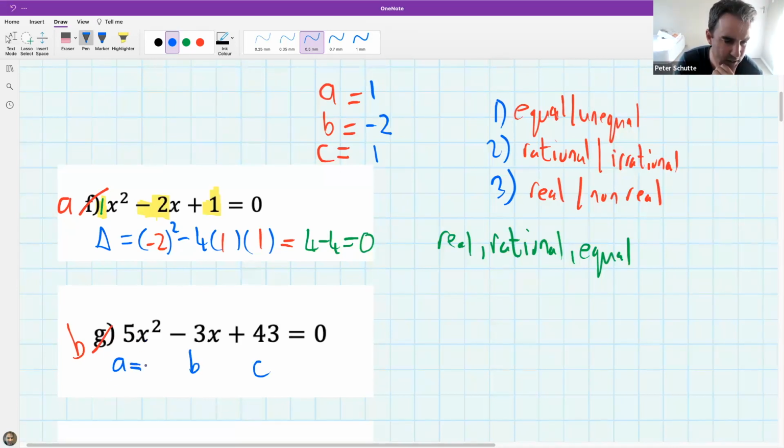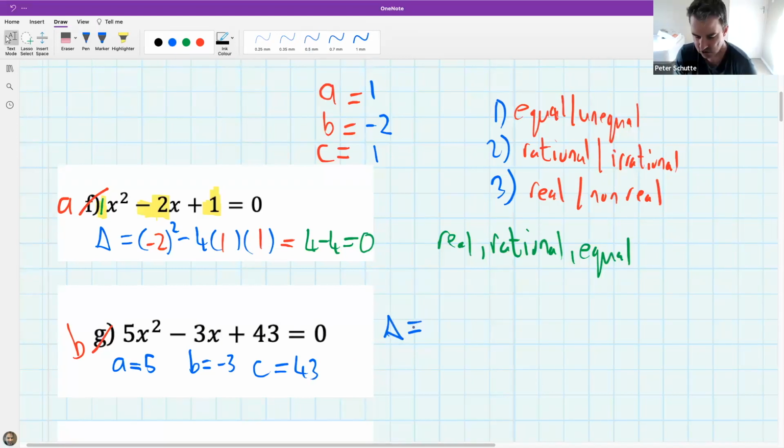So here, A will be 5, B will be that, and C will be 43. So to classify the nature of the roots without solving the equation, I need to work out what delta is now. Now I want to see what you get for that value, and then I want to see how you classify it.